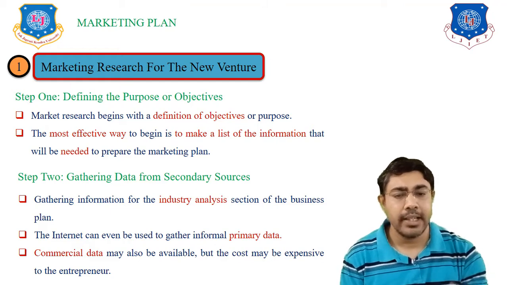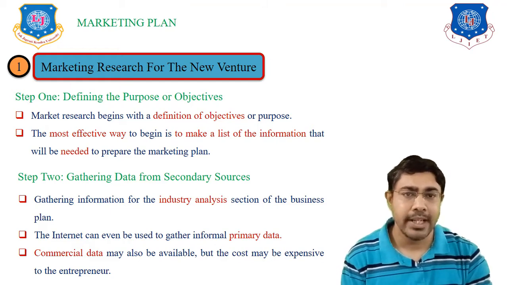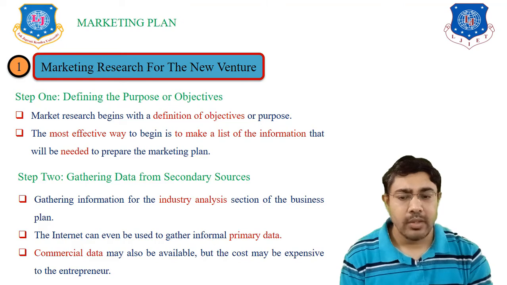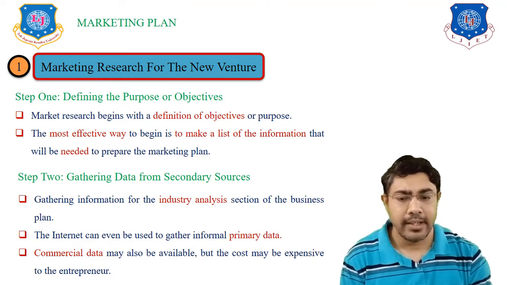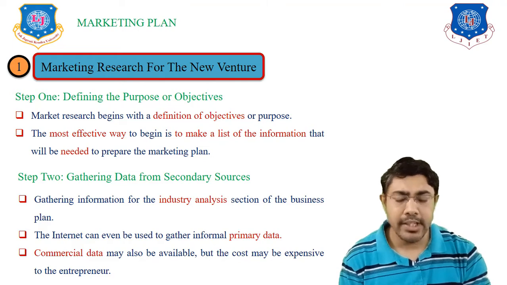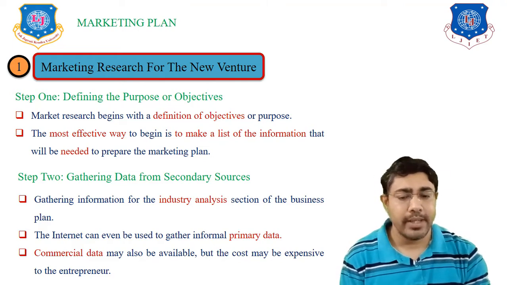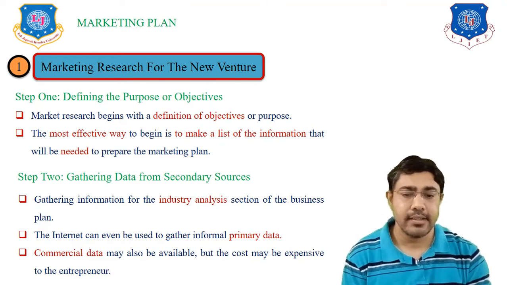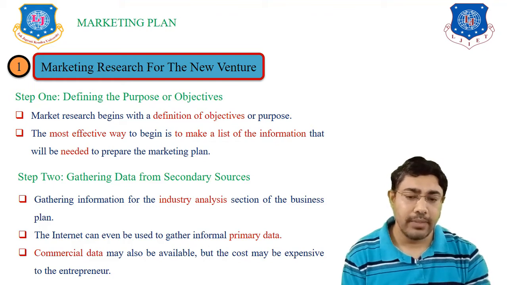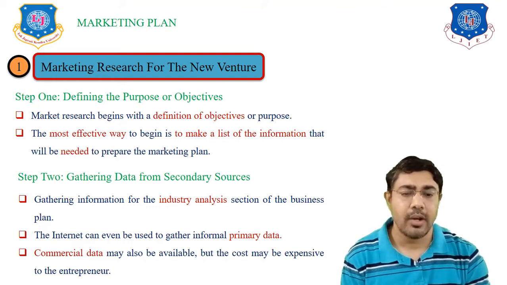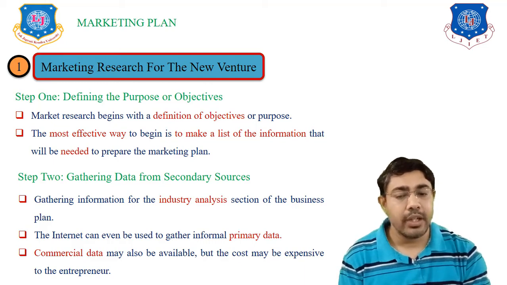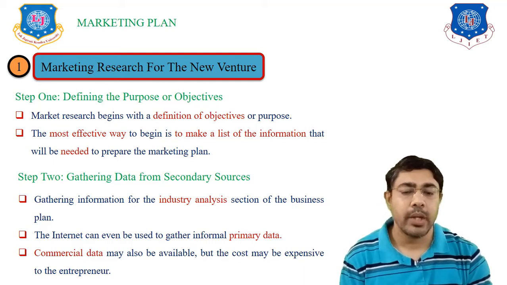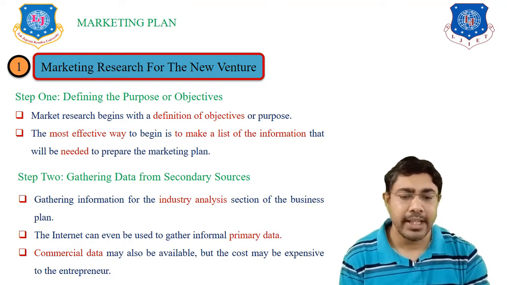As you made the list of information needed in the first step, in the second step you gather the data from secondary sources, like the information for the industry analysis section of the business plan. The internet can even be used to gather information like primary data.